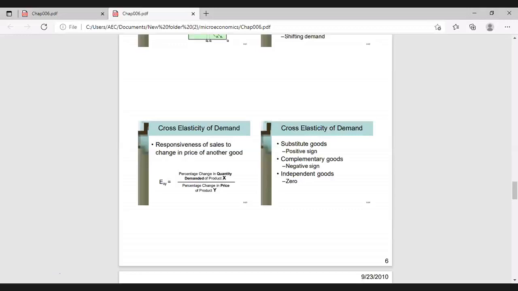The same formula: percentage change in quantity demanded of product X divided by percentage change in price of product Y. So cross price elasticity of demand is also useful for the producer or the government. As for application, we will see in the next class why this cross price elasticity of demand is important, and why we should measure that elasticity.